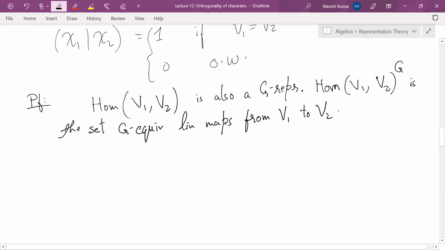So you remember the formula for the action of G on Hom(V1, V2) as a G representation, right? So what was the formula?